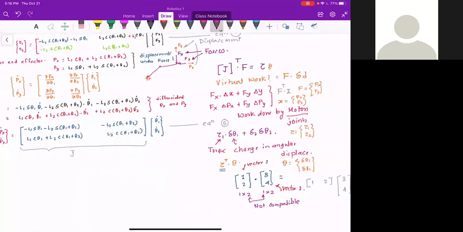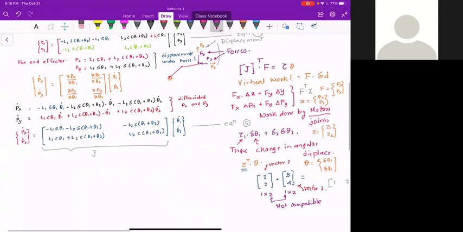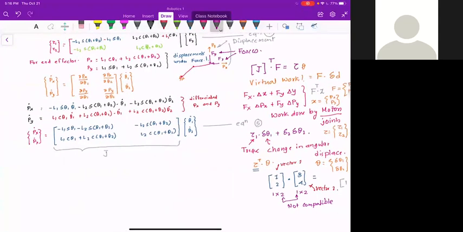So what I want to do is write this equation something like this. Start with virtual work, the work done by force. Work done by force is F transpose delta X. Do you agree with me?